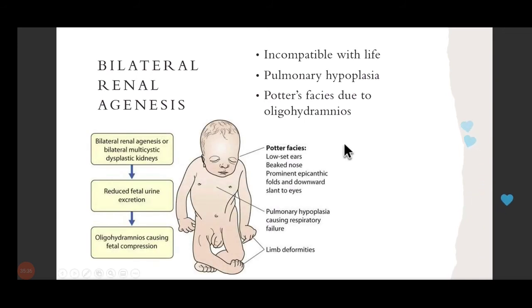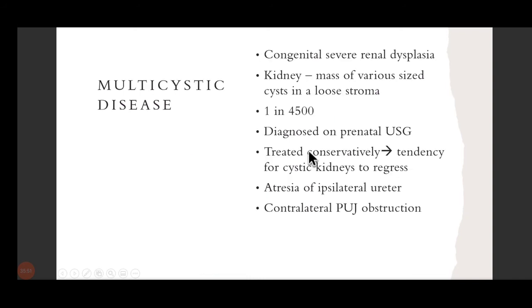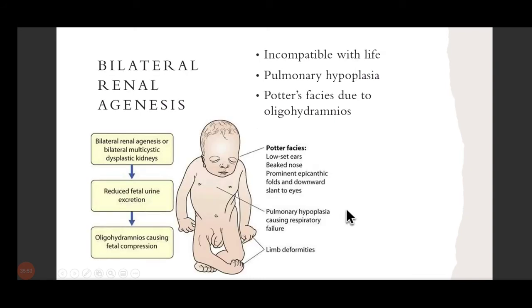The Potter facies is characterized by low set ears, beaked nose, prominent epicanthic folds, and downward slant to eyes. But it is usually incompatible with life, and so we don't really expect such patients to survive, right?